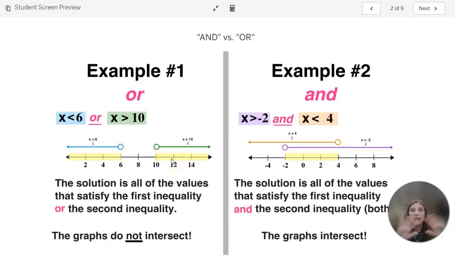It doesn't have to be the intersection. It would just be both of them separately. We're going to speak a lot more about this, but if you see "or," it can be one or the other, so both of the solution sets are going to stay there. If you see "and," it has to be both, so wherever they intersect is going to be your solution.